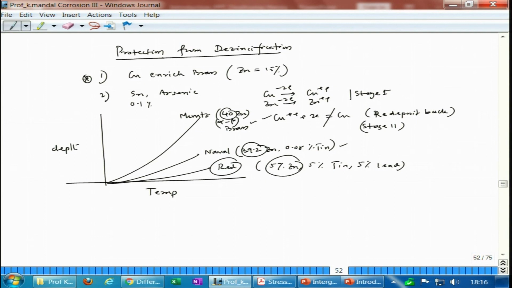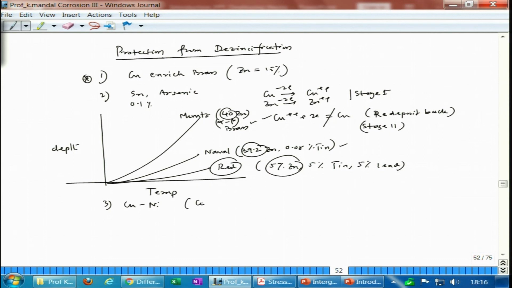And then another route is, if you have a very aggressive solution, it is better not to use brass but rather use a copper nickel system. So, there cupri nickel can be utilized.